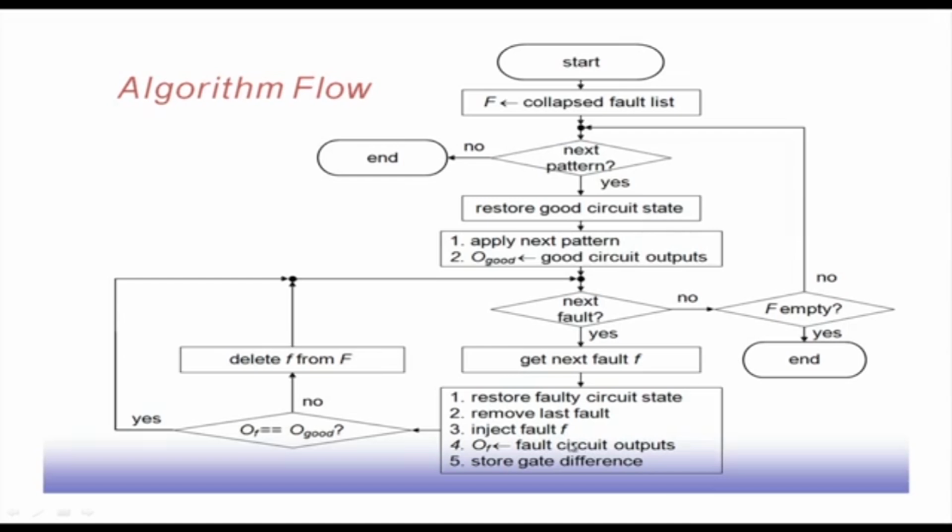This gate difference value is going to help us do less simulation. When the fault list becomes empty and there is no more fault, it will pick up the next pattern and simulate for the remaining faults in the circuit. This way it continues.